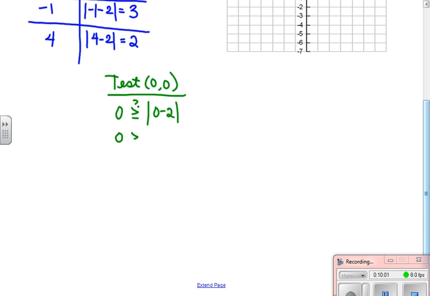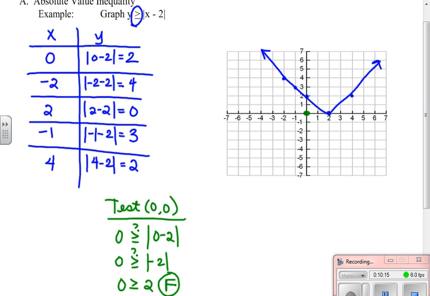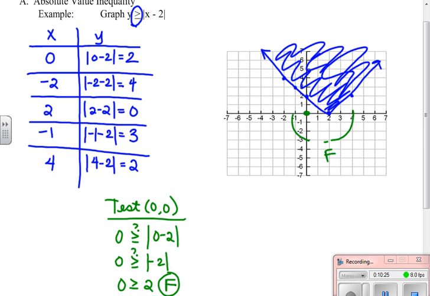So is 0 less than or equal to the absolute value of negative 2, or greater than or equal to, excuse me. Is 0 greater than or equal to 2? That's false. So that means that 0, 0 is false, so everything on this side is false. So my answer is everything on the inside of the V.